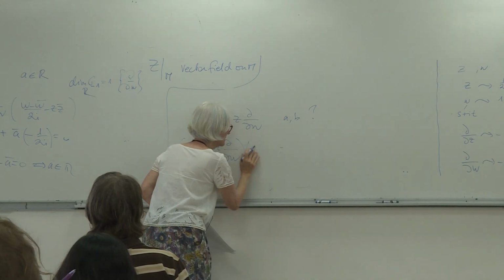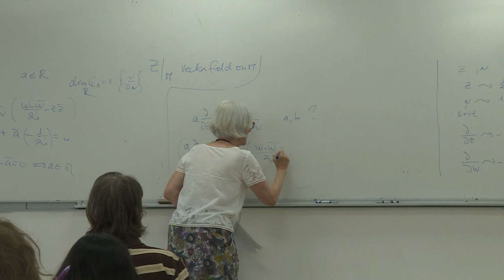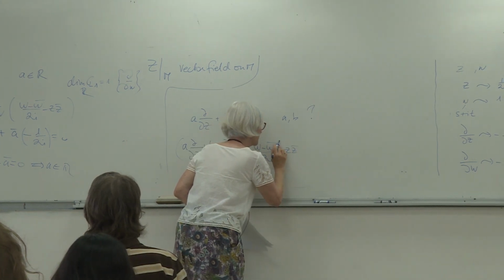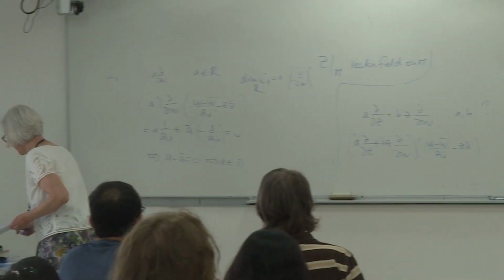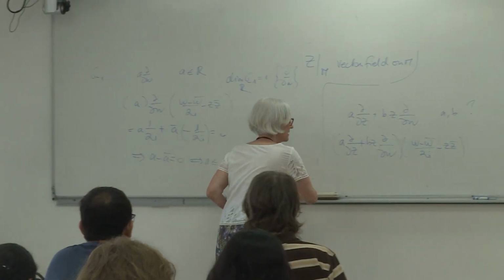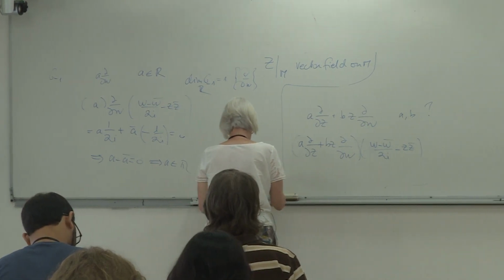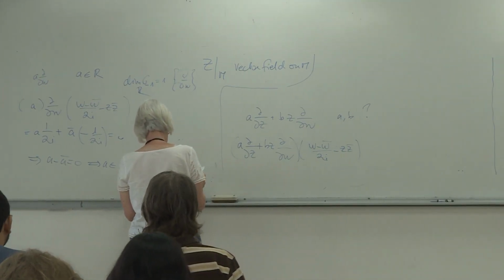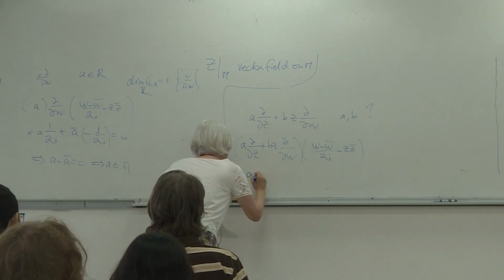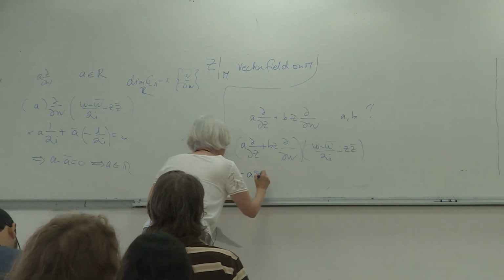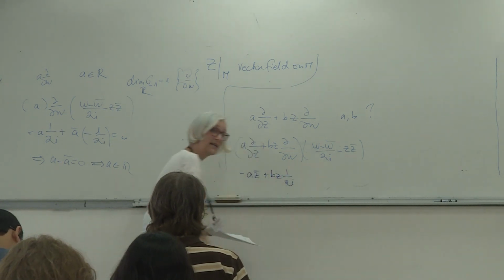So what is the result of applying this to W minus bar over 2I minus ZZ bar? What do you get? You get minus A Z bar plus BZ 1 over 2I, right?